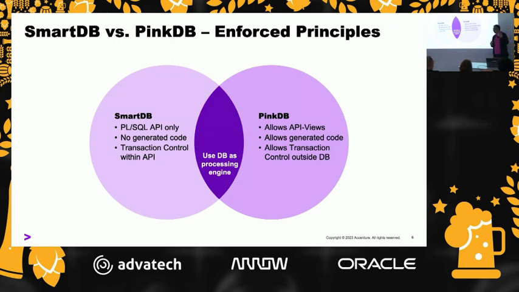And another difference is that in SmartDB, the transaction control is in the PLSQL package. So if you have package procedures which do changes in the database, they have to execute the final commit or the rollback statement. If you don't do that, it's not SmartDB. And PinkDB allows the database transaction control outside of the database. An example, I have a Java application which does change 2 data stores.